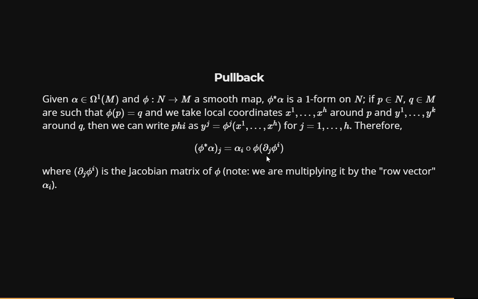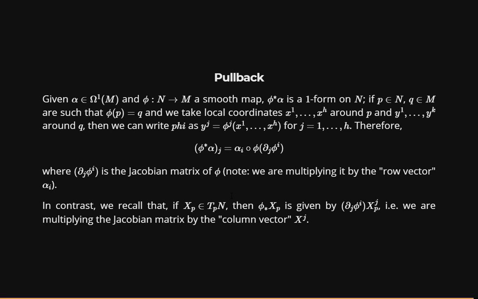You pull back just the basis of differential forms. So you end up multiplying the row vector, so alpha is a row vector, composed with phi, obviously, times the Jacobian matrix of phi. So you have rho times the matrix.